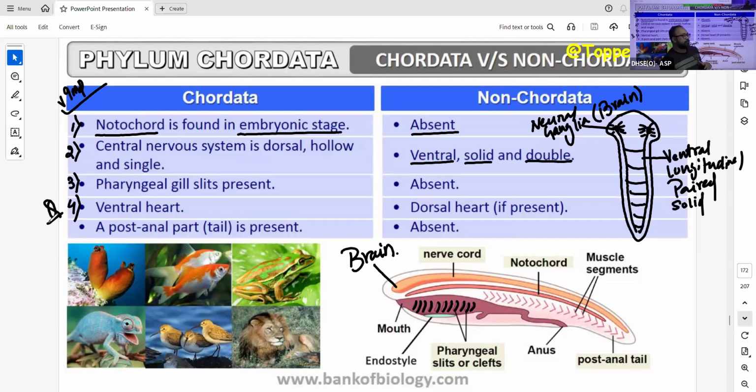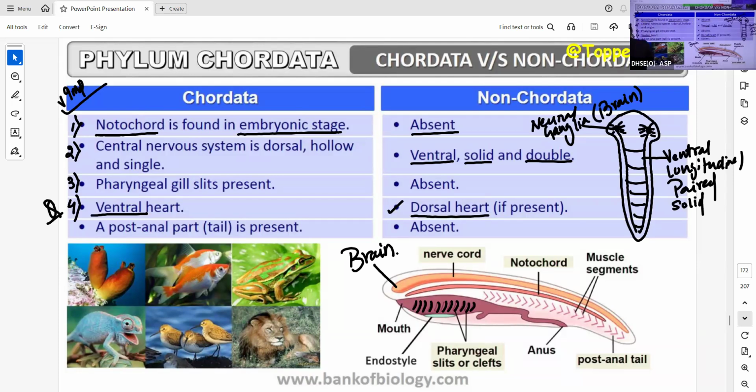Now remember, in case of all chordates, the heart is ventrally located, that is, on the chest side, not the back side. Whereas in case of the non-chordates, it is dorsal in nature. Since this question was asked, remember this.